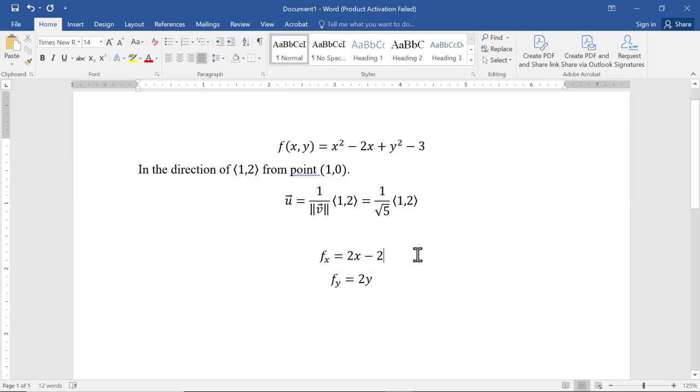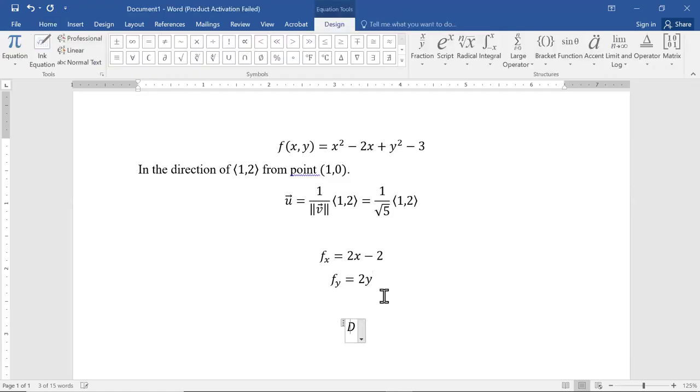Now that we have f sub x and f sub y, since we're looking for what those things are at the point 1, 0, in other words, since I'm looking for my directional derivative at the point 1, 0, well, the directional derivative at the point x comma y first is f sub x times u1.